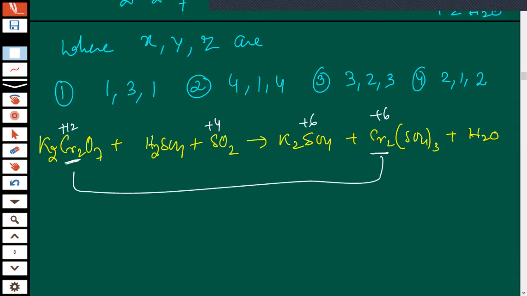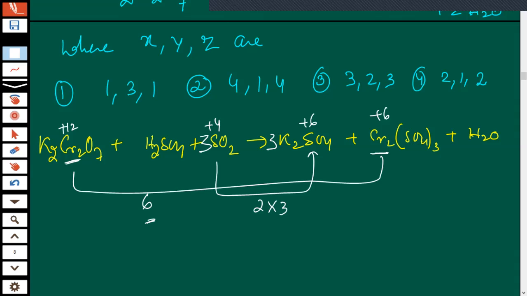How many changes? 6. And how many changes? 2. So we can multiply by 3 only. Cross multiplication is not required, because even if I multiply by 3, we get 6. So no need to multiply the other partner. So 3 is sufficient. I multiply this by 3 and this by 3. Our problem is solved.